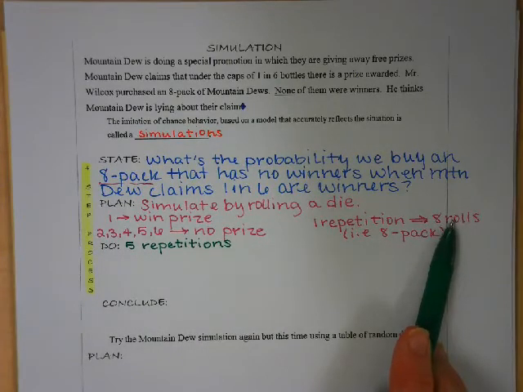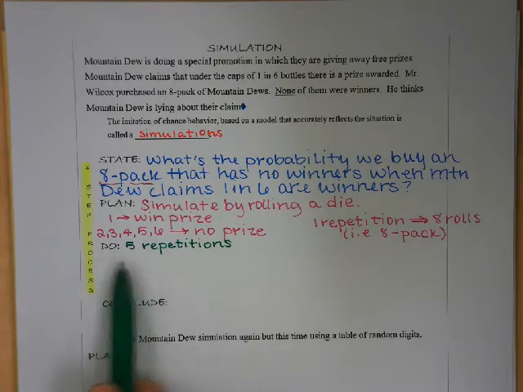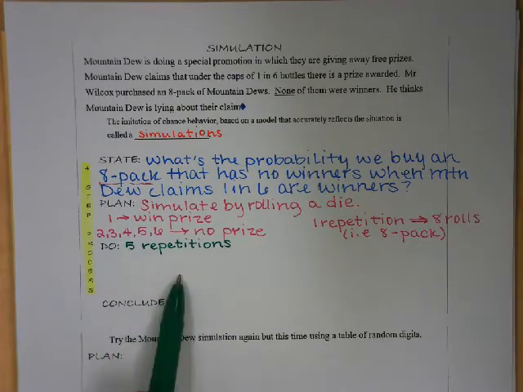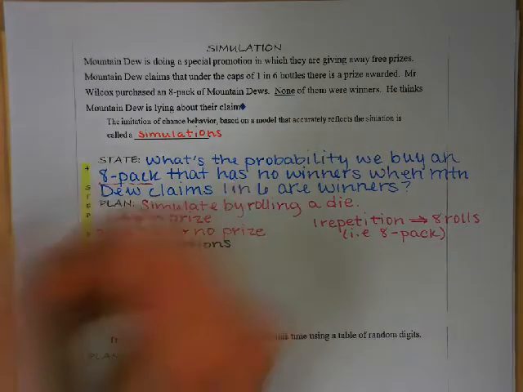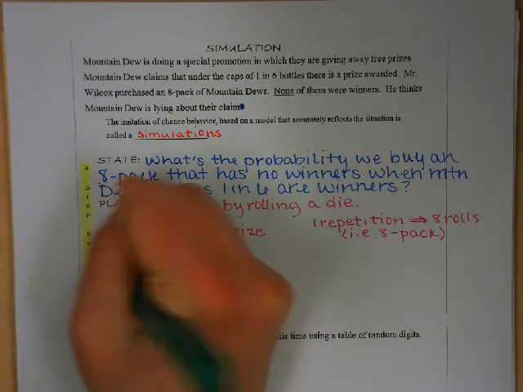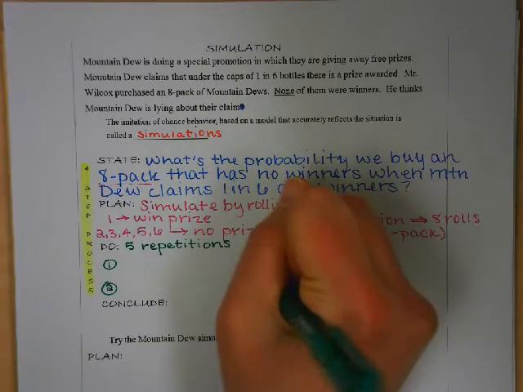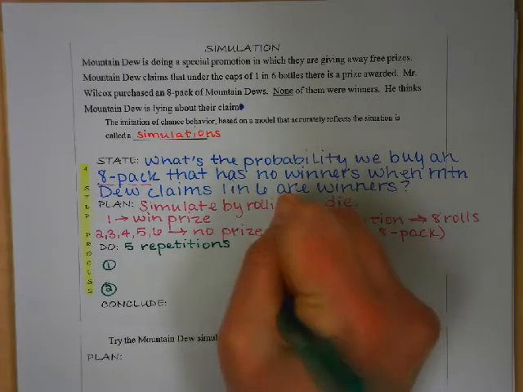So I'm going to write it down because I can't remember. Trying to think about numbers and count to 8 to make sure I did 8 rolls is too confusing for my brain. So I'm gonna write down my 5 repetitions.